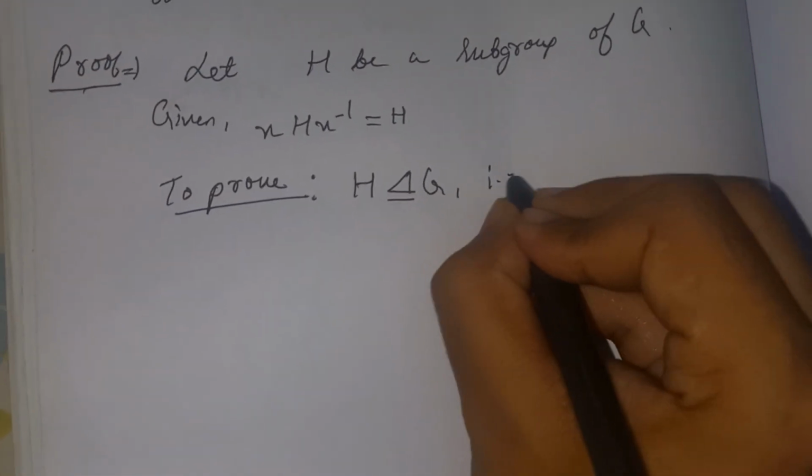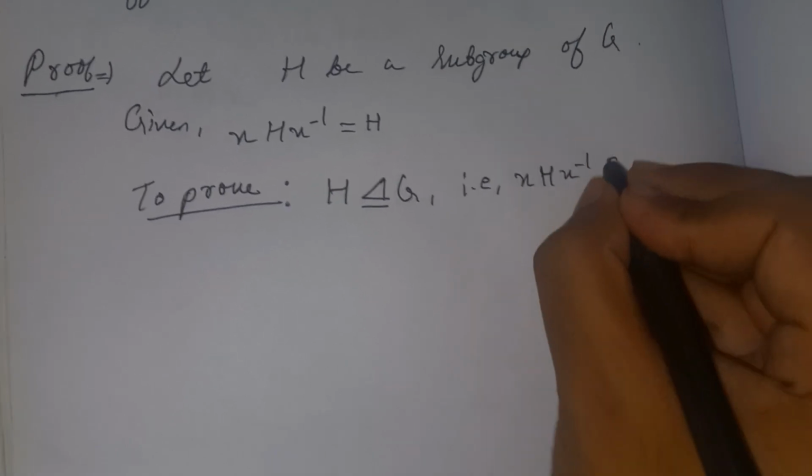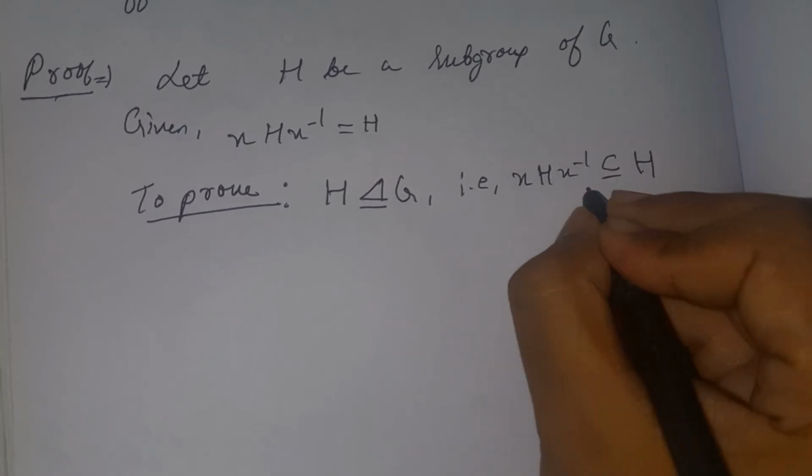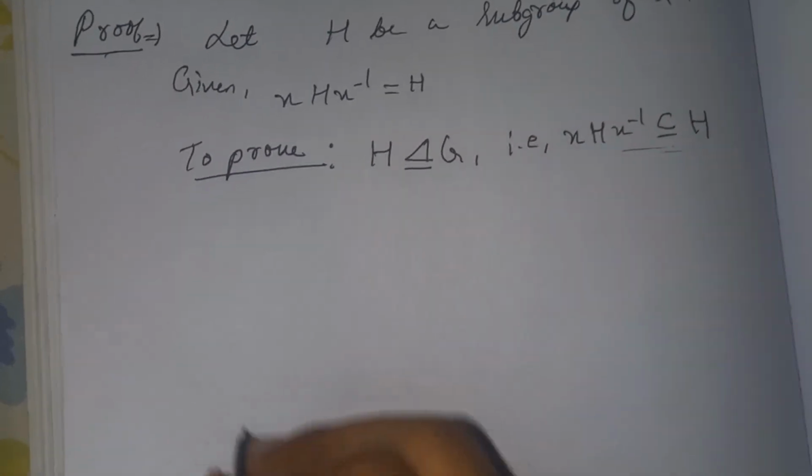That is, we have to prove xHx inverse is a subset of H, since it is the definition of a normal subgroup.